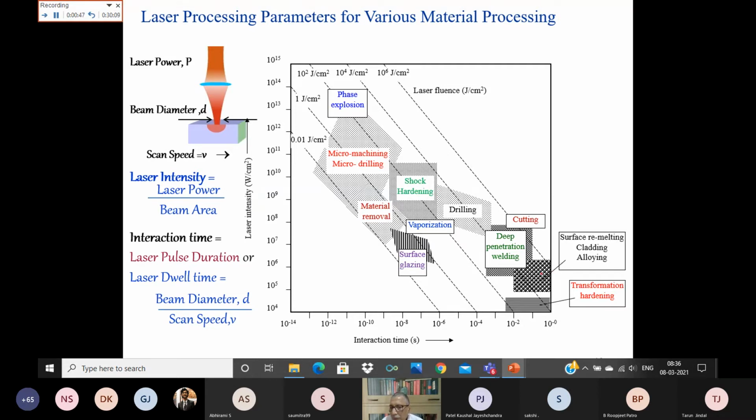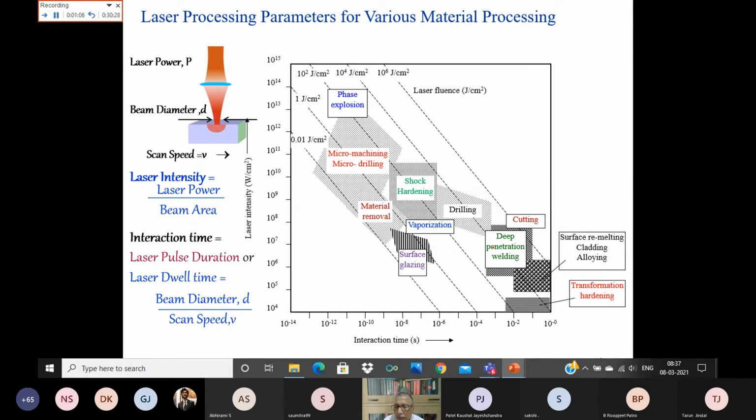You can do, at slightly higher intensity, the surface remelting. You can do surface cladding and alloying. Then if you have got slightly higher power density and lower interaction time, you can do the deep penetration welding as well as cutting.